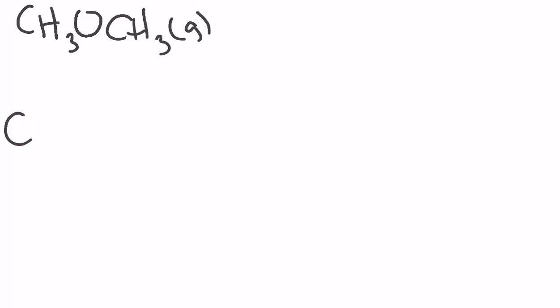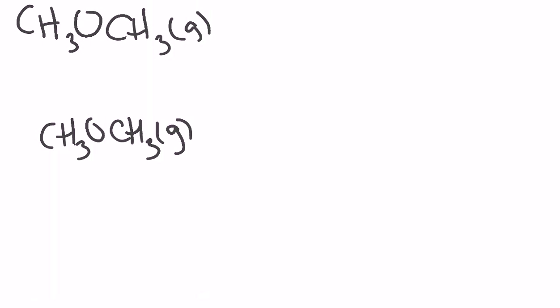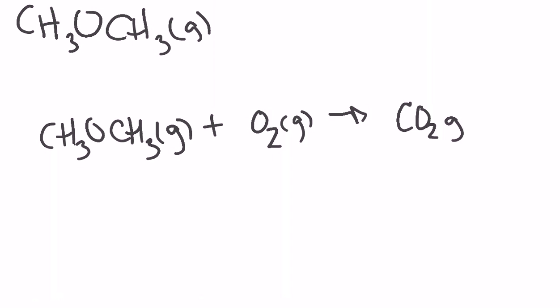So let's write CH3OCH3. I told you already it was a gas because I wrote g next to it. So it's the combustion of this. If something's combustion, you're reacting it with O2. O2 is in the gas state, and this plus O2 is yielding carbon dioxide, which is also in the gas state, and water.